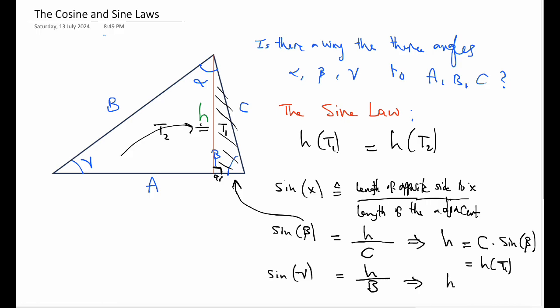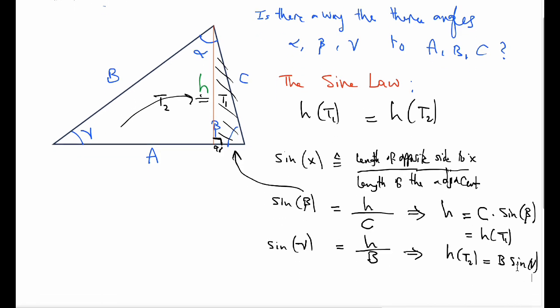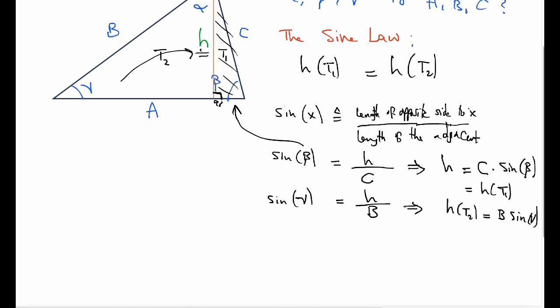You will get that HT2 is given by B times sine gamma. So because HT1 is equal to HT2, we can equate this to be C sine angle beta equal to B times sine angle gamma.